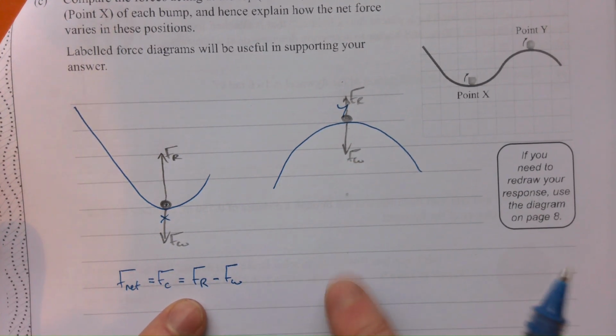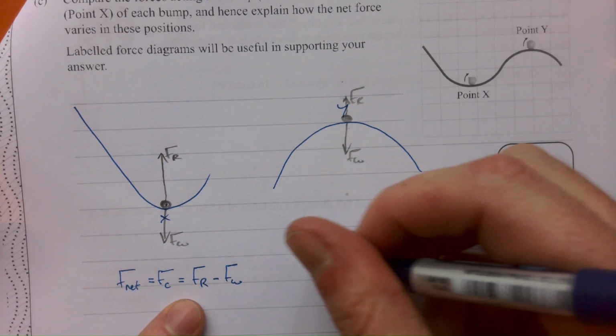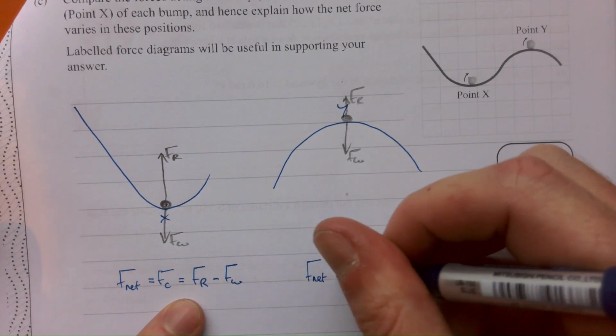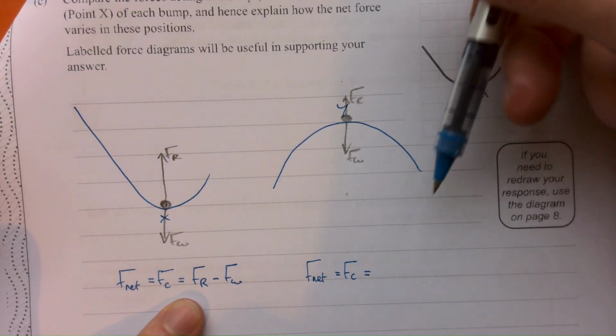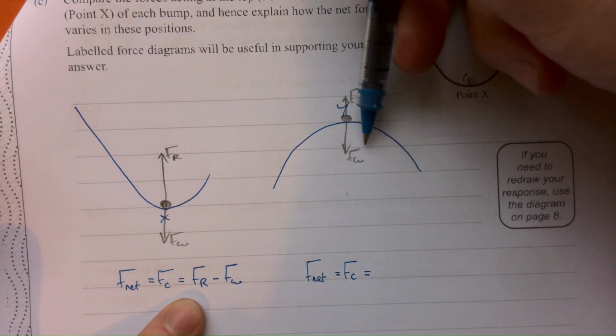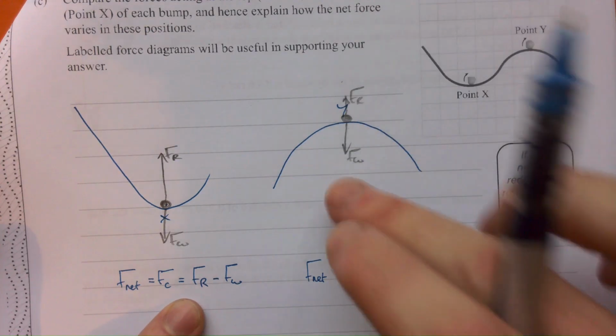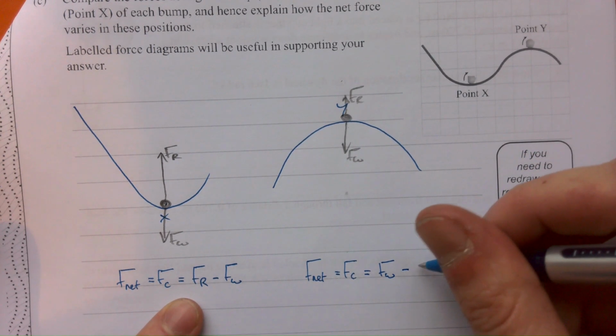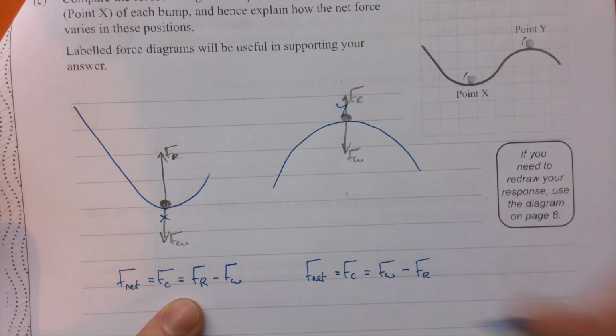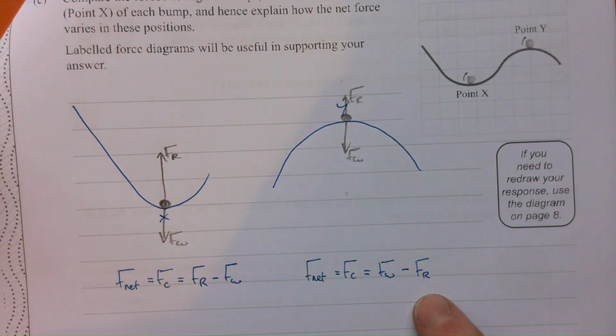Okay? In position Y, we have F net is equal to centripetal force, and this time it's the weight force that's providing the correct directionality for the centripetal force. So it's going to be our F weight subtracted by the reaction force.